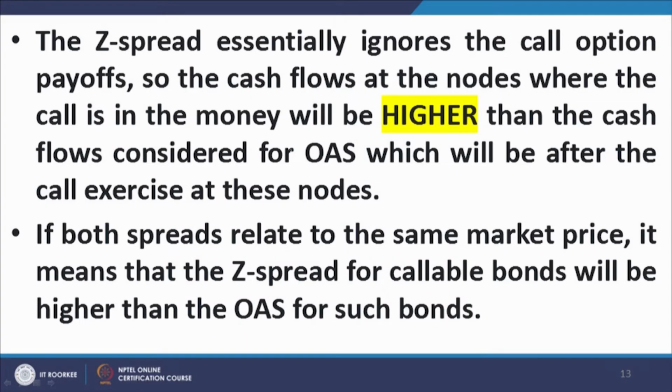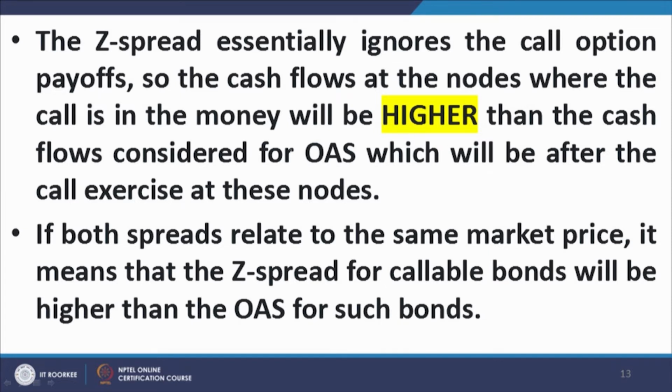Now we are talking about the binomial tree aspect. If we use the binomial tree for this exercise, then what happens? The Z spread essentially ignores the call option payoffs. So, the cash flows at the nodes where the call is in the money will be higher than the cash flows considered for option adjusted spread, which will be after the call exercise at these nodes.